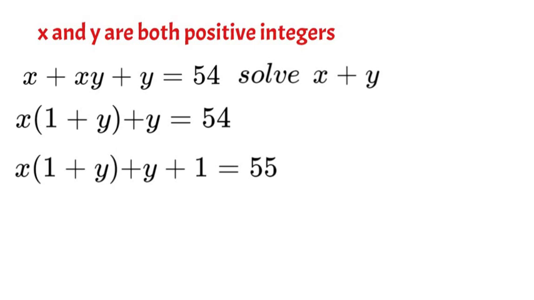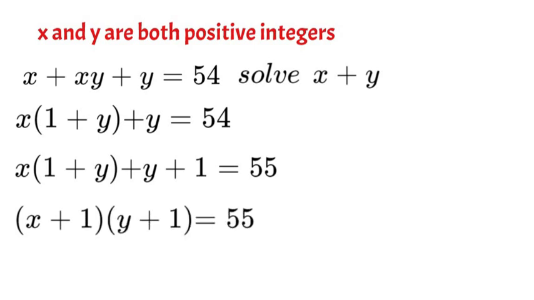So we'd have an x plus 1 times a y plus 1 is equal to 55. Now, we need to solve for x plus 1 and y plus 1. And how we're going to do that is we're going to factor 55. So 55 can either be 5 times 11 or 11 times 5.